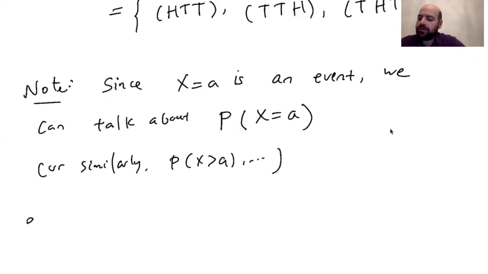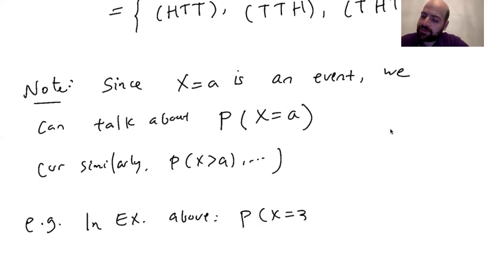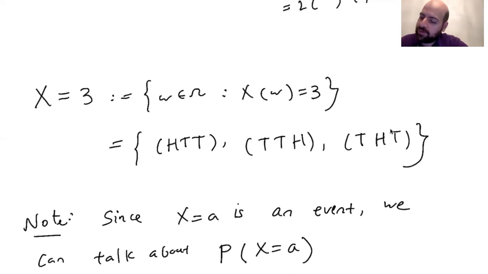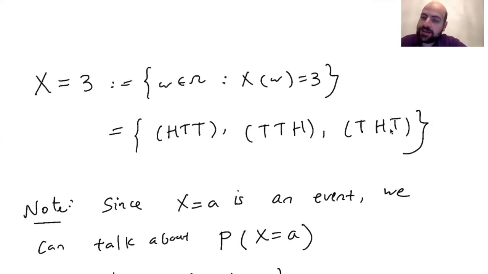Okay, so for example, in the example above, what is the probability of capital X equals 3? Well, we just said that capital X equals 3 is this event.